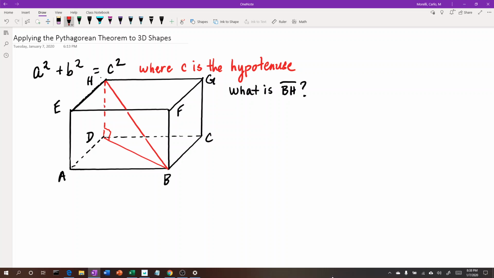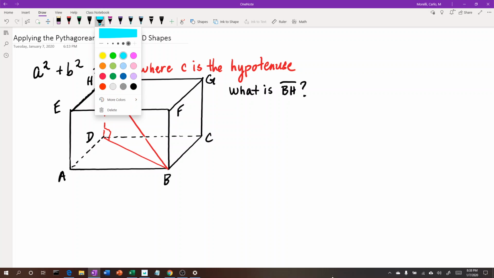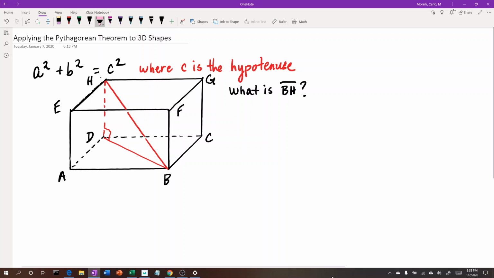So there's a right triangle kind of in the space inside the box. Let me see if I can highlight that for you. So this is the right triangle I'm talking about.